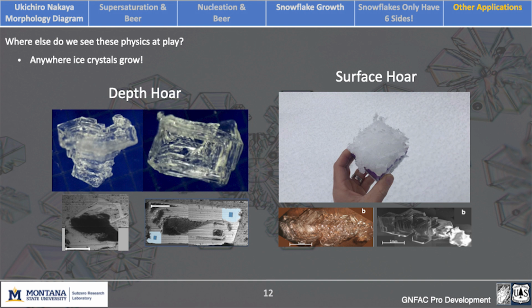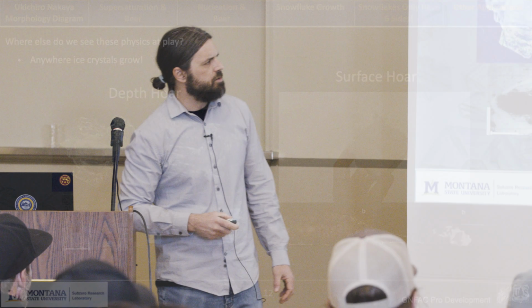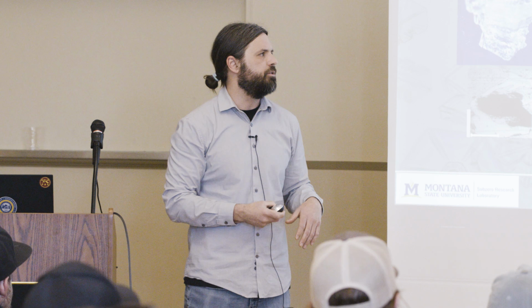And that's a function of it not being in a symmetric environment of water vapor, but water vapor moving from bottom to the top and growing slightly different crystal habits from what we might usually see in clouds. But it's still water vapor showing up at a surface, that surface becoming supersaturated, and then the water vapor molecules depositing.